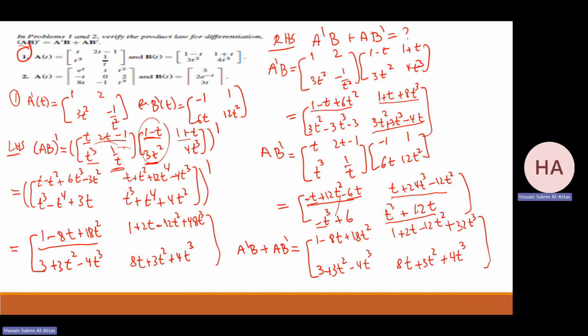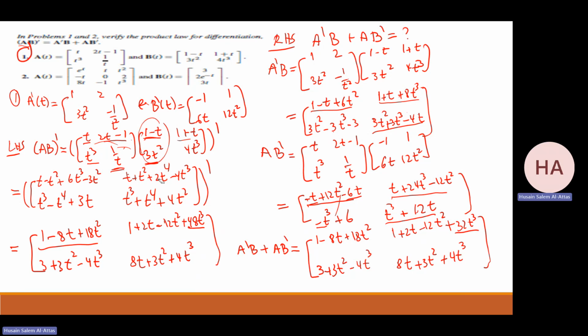So everything is okay except this one. Let me try to figure out what the mistake is, which is not easy to do. I have this times this one. So I have 8t cubed.